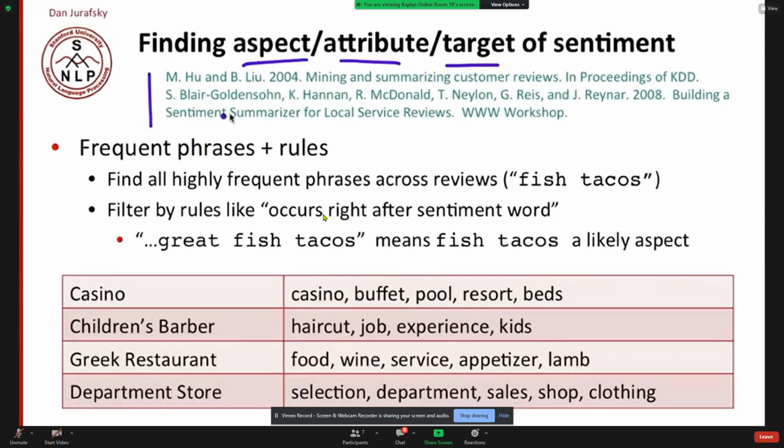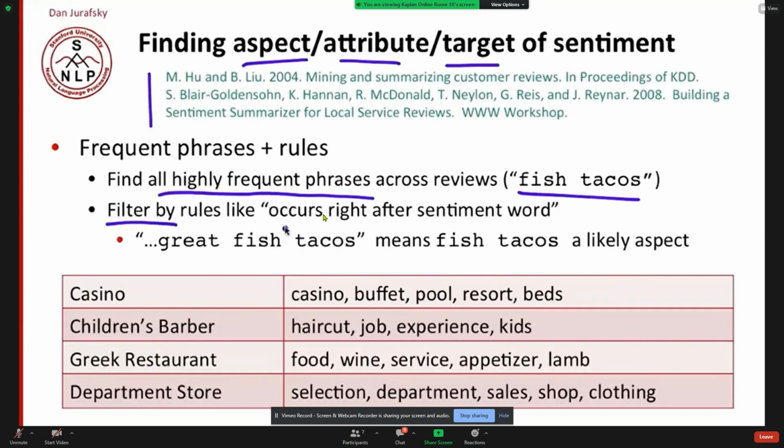I'll show you an example of a way of doing things that was developed both by Hu and Liu and by Blair-Goldensohn et al. And the idea is we first look through all the reviews and we find every highly frequent phrase. So let's say that the phrase fish tacos occurs a lot in the reviews of this restaurant.